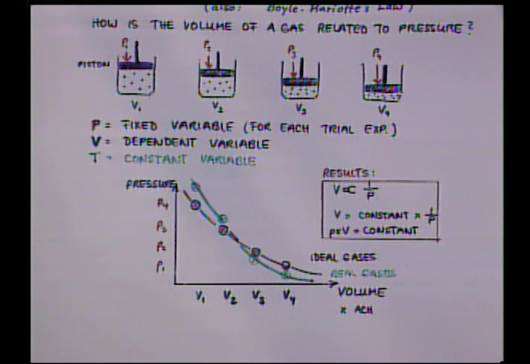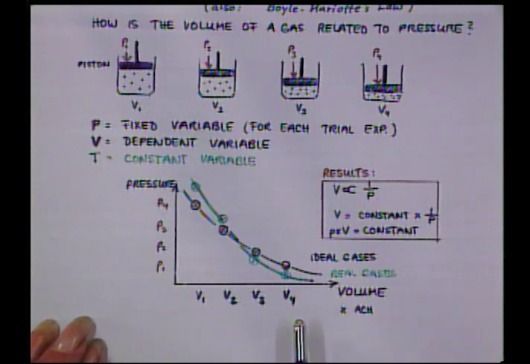This means inverse. Remember, we already, by common sense, determined that pressure and temperature are directly related, but volume and pressure are indirectly related, inversely proportional, at constant temperature, meaning unchanged temperature. So we can say the fixed variable is the pressure.